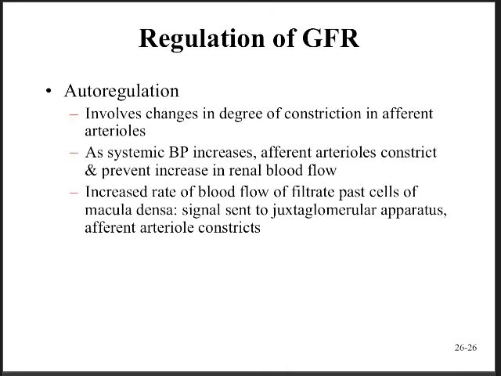Now, this is kind of an interesting phenomenon. What we have to appreciate about the juxtaglomerular apparatus is that it's responsible for monitoring the osmolarity of the fluid in the distal convoluted tubule and making adjustments to the rate of blood filtration, reabsorption, and secretion all along the nephron.